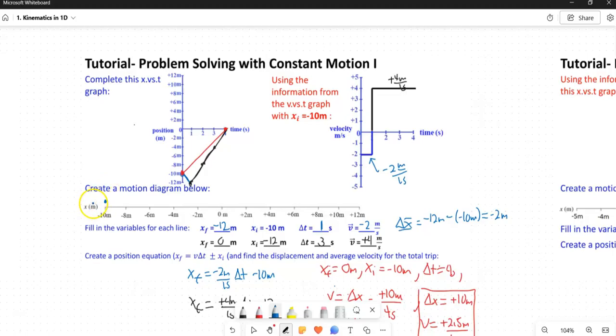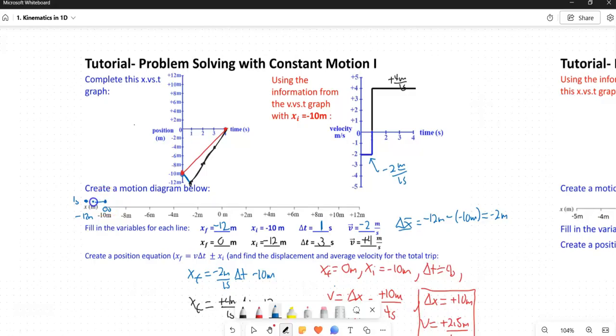I do on the tutorials, but not this. So at 0 seconds, this is 0 seconds. And then it's going to end at negative 12 after the first second. So negative 12 meters, and that's after the first second. So this is the 1 second mark, and this is negative 12 meters.